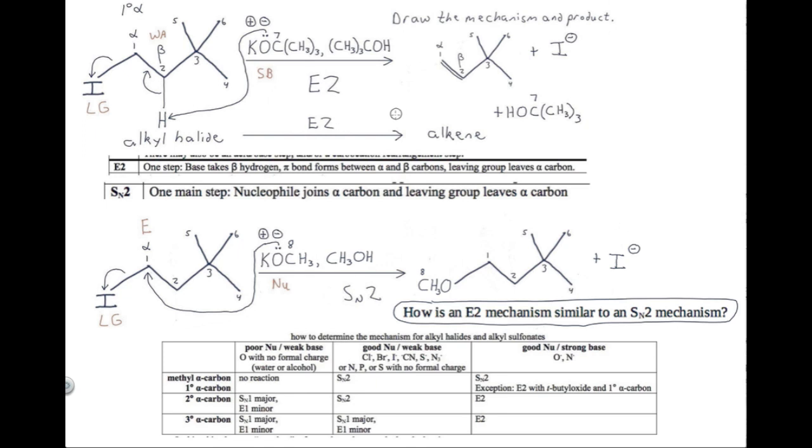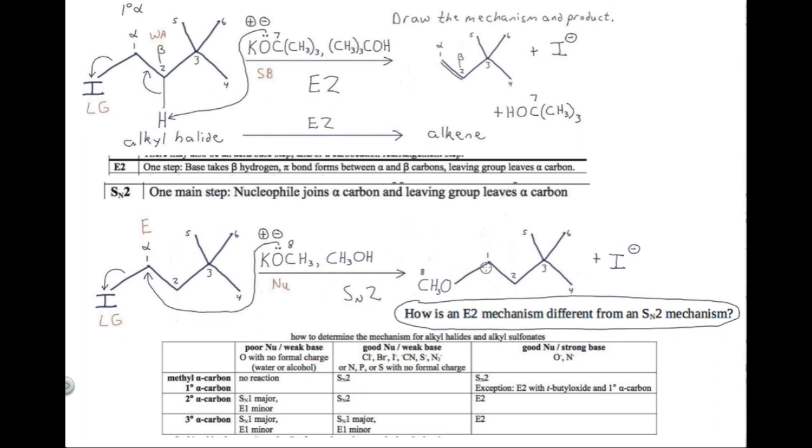You can see that here on the screen we have an example of the E2 mechanism we've been talking about in this video, and here's an example of an SN2 mechanism. And you can see that the similarity between these two mechanisms is that both occur in a single step.